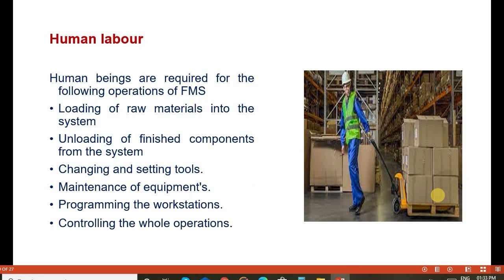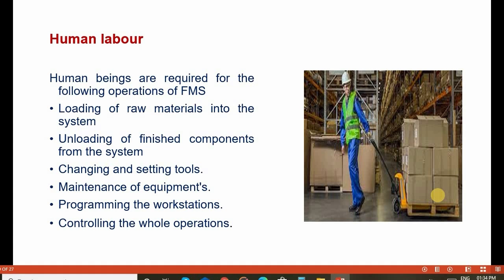Next, human labor is another important parameter. Human beings are required for the following operations of flexible manufacturing systems. Machines alone cannot do the work in the FMS. Human labor plays an important role in different operations, such as loading of raw materials into the system, unloading of finished components from the system, and changing and setting tools.